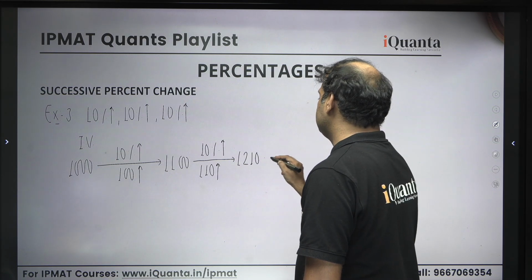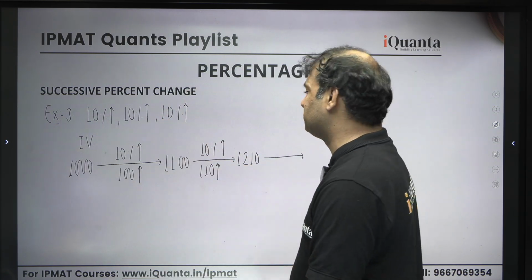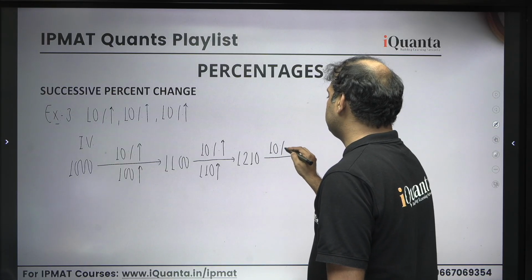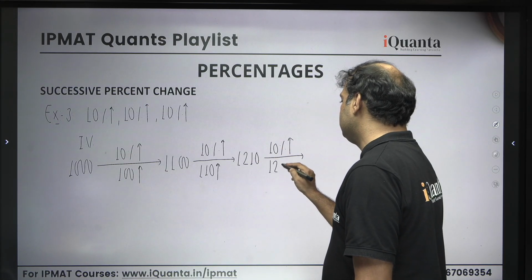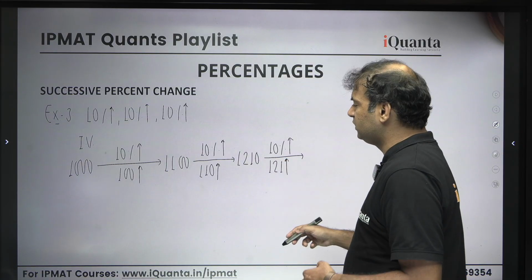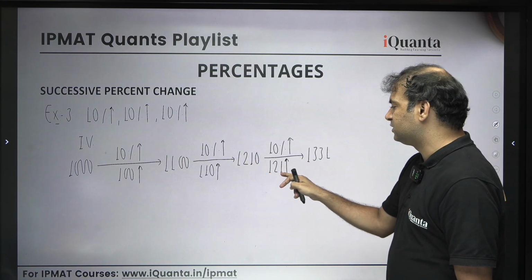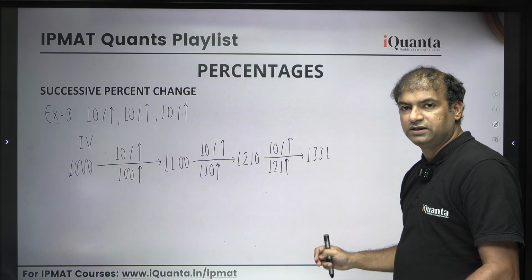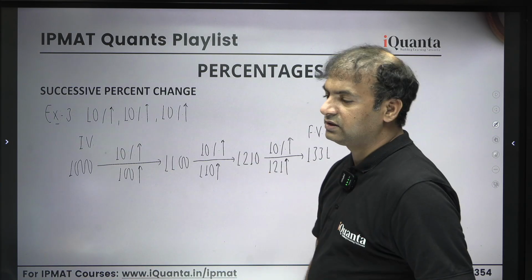Now again it should increase by 10% because this time there are 3 10% changes in the series, okay? So now 10% of 1210 is increasing. 10% of 1210 is obviously 121, okay? Increasing 1210 by 121 will give us 1331. 10 plus 21 is 31, 12 plus 1 is 13. So we can say this time the final value is 1331 and the initial value is 1000, right?